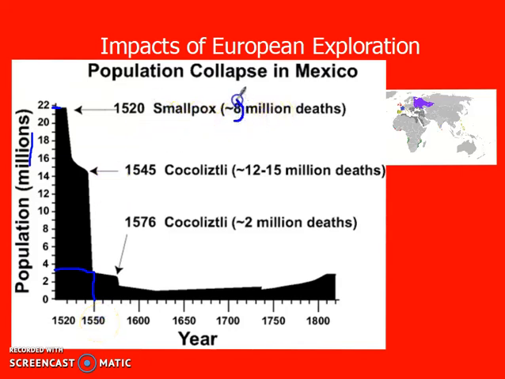almost all of whom are killed by smallpox and this coccolizzi. I don't know exactly what coccolizzi is, but smallpox is a disease. It's a pox, so like chickenpox, you get these bumps all over your body, but then they rupture and burst, and you can get blood infections, and your body fighting the infection can't handle it, and you die.